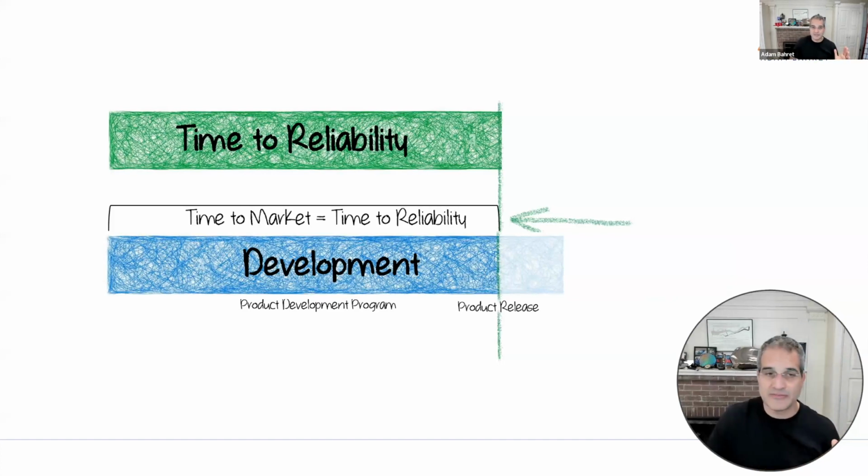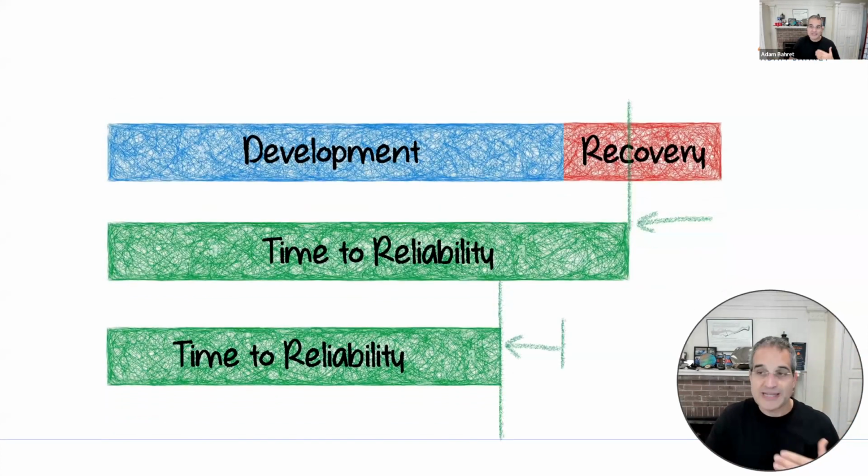I'm sure if I asked right now and we unmuted everybody, you would talk at once and say, oh my God, yes, we do so many things in the beginning of the program that cause us to fix it 3 times later, and that's even before you release. So by measuring time to reliability, you actually can end up beating your old time to markets.